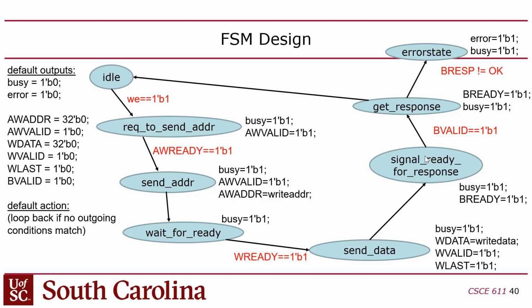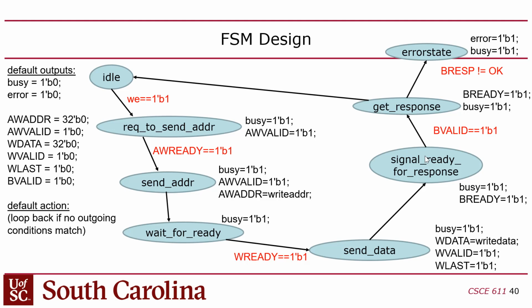And all of the outputs to the bus are set up to be innocuous, basically, where write valid and B valid and write last are all zeros and AW valid zero, meaning I'm not engaging the bus. So all the default values are like, don't do anything.